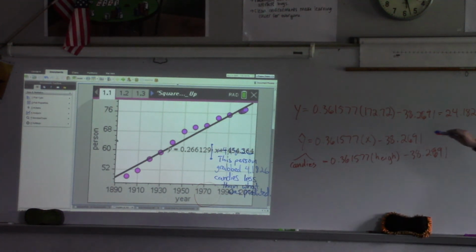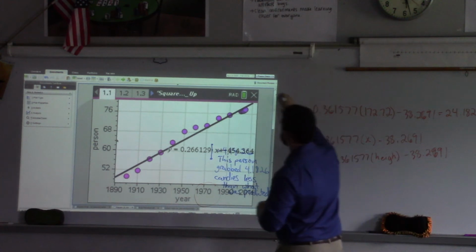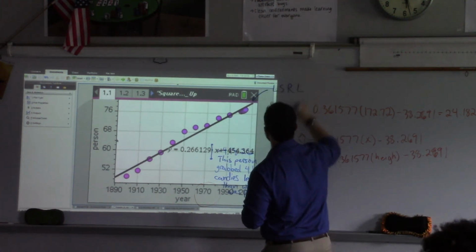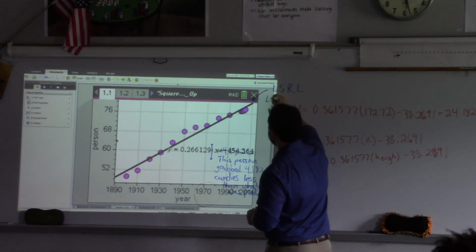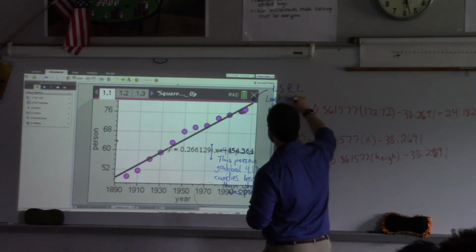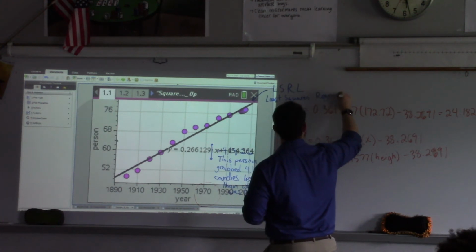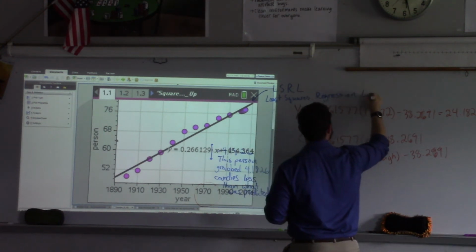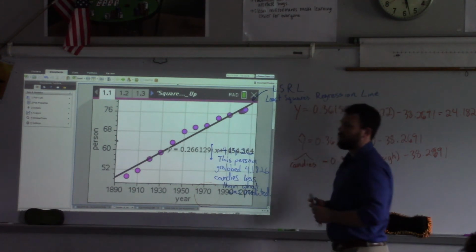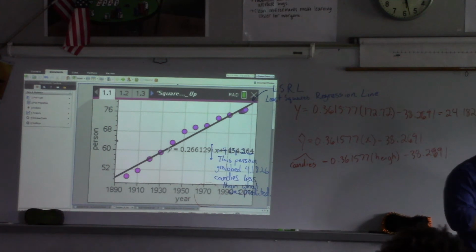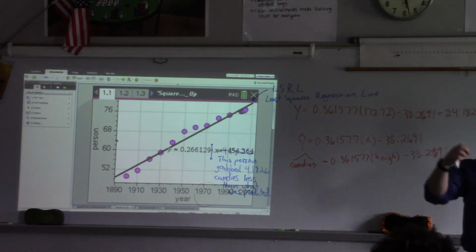What is the point of this least squares regression line? So I'm going to remind you, this is called a least squares regression line. What is the point of this? Is there more than one regression line possible? Yes. Very much so. Remember how we took that movable line yesterday?